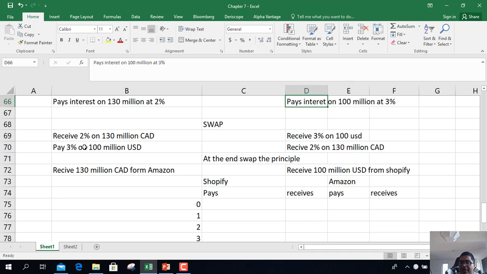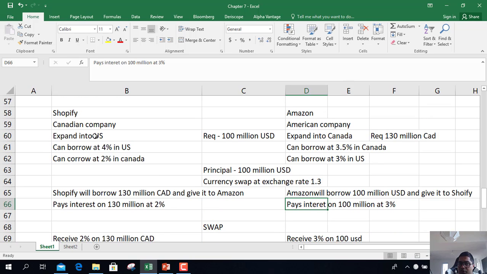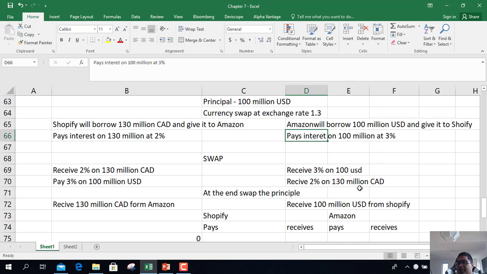So in a swap agreement, Shopify will receive 2% on 130 million Canadian dollars and it will pay 3% on 100 million US dollars. Same way, Amazon will receive 3% on USD from Shopify and it will pay 2% on Canadian dollars towards Shopify.